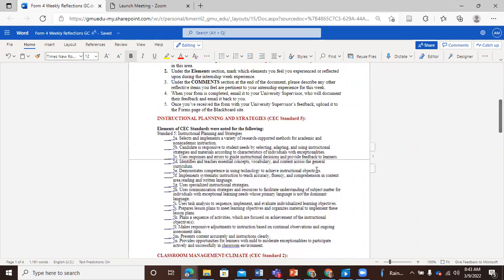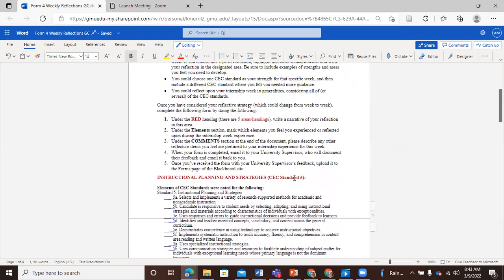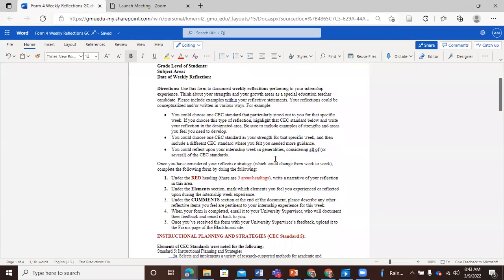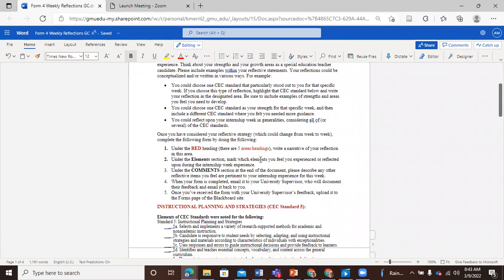You could use Microsoft Word. You can upload this to Google. Whatever your preference is fine with me, but you'll notice that the five big standards, for example, instructional planning and strategies, each standard is bolded and is in red.